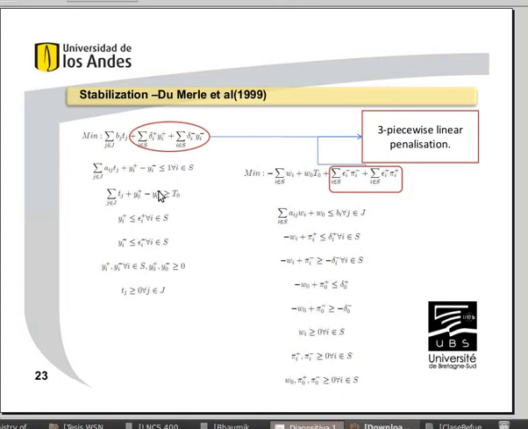However, bounds on the stabilizing terms are also included, such that from the viewpoint of the dual problem, movements are allowed around the analytical centers, but larger movements are penalized in the objective function of the dual problem. In the same way as Marsden's model, at each iteration the boxes are recentered around the dual values obtained in the previous iteration. In this method, we could say that we have defined a 3-piecewise linear penalization.